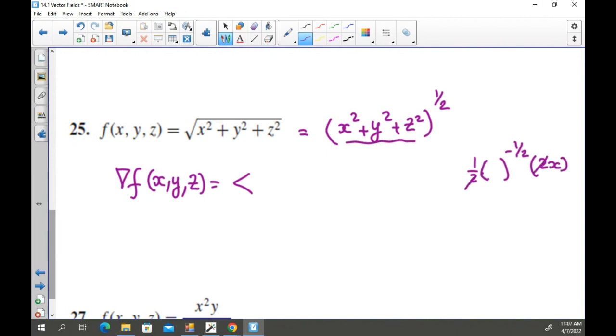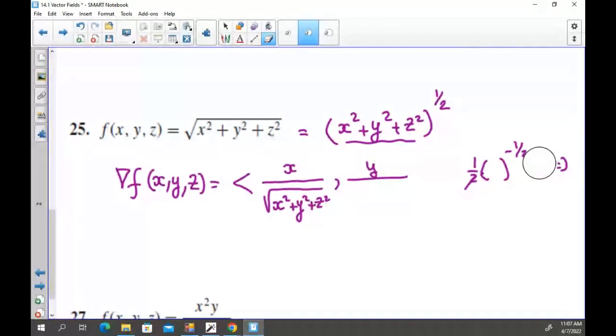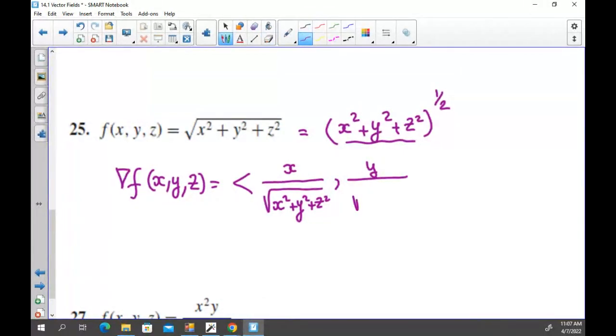So 2 and 2 will cancel here. So in the end, what you will get is x over square root of x squared plus y squared plus z squared. This is for x. For y, it will be y, and for z, it will be z. So no problem. So this will give you the gradient.